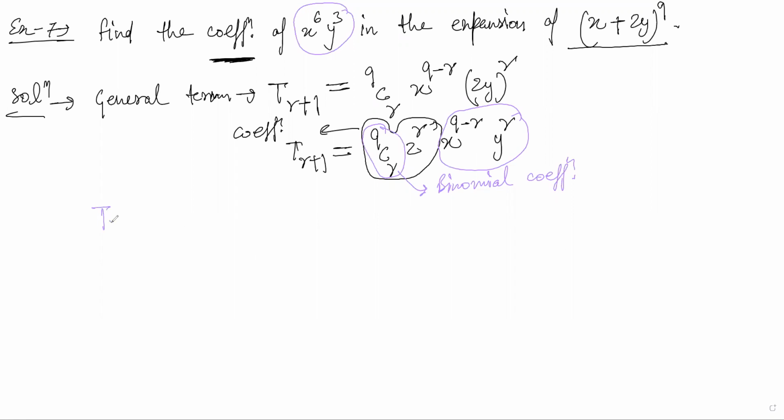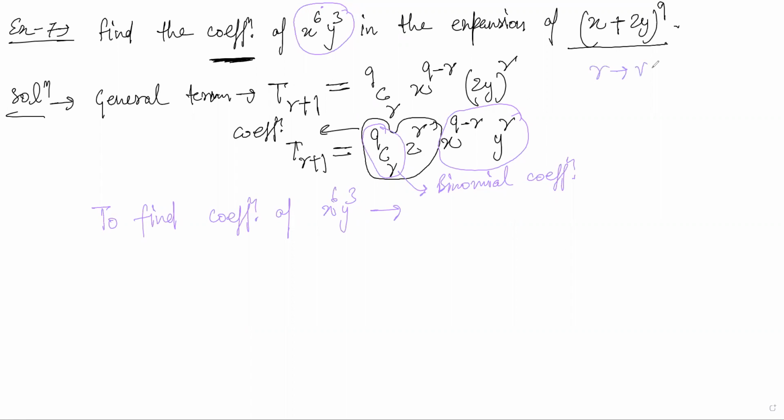To find the coefficient of x to the power 6 y cube, you should put either n minus r equal to 6, so the power of x is the same, or make the power of y the same. You can go either way. I think if we make the power of y the same, we will get the value of r directly.